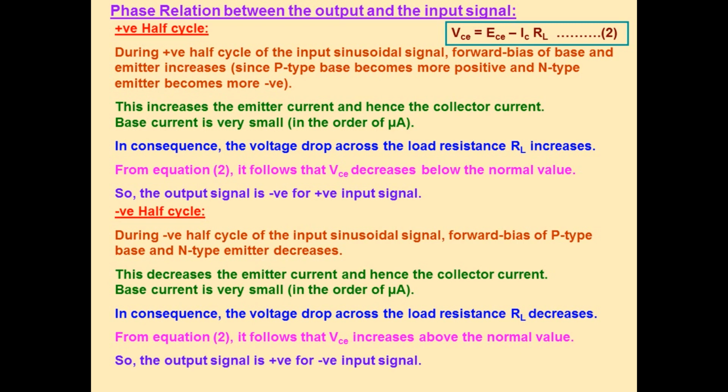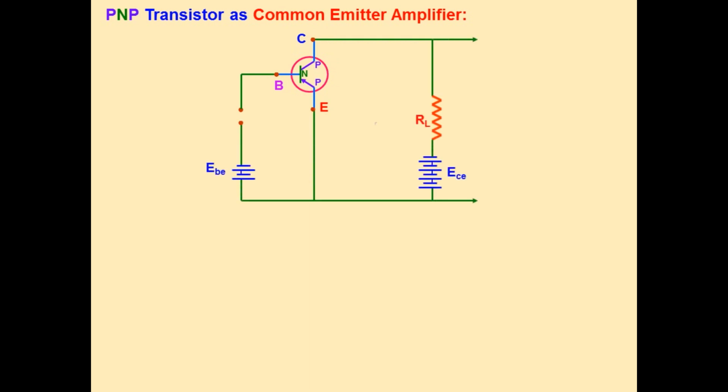So output and input are out of phase by 180 degrees. In the case of a common emitter amplifier of NPN transistor, input and output are out of phase by a value of 180 degrees. Next, PNP transistor as a common emitter amplifier.